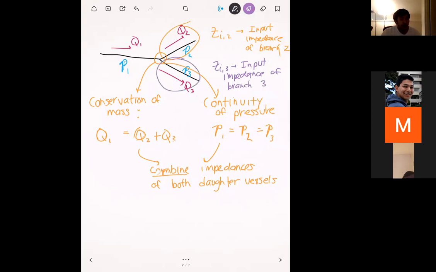What we can say is that these two branches here, because of conservation of mass and continuity of pressure, we can combine these two input impedances in parallel.